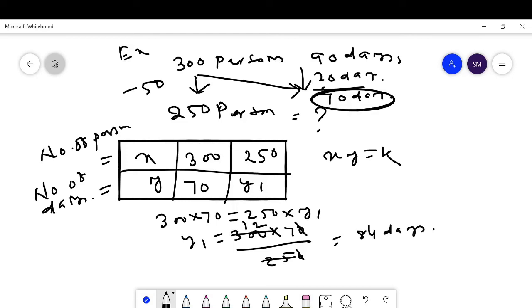The remaining persons, the 250 persons, will consume the remaining food in 84 days. Where the 300 persons will consume the food in 70 days, because for 20 days 300 persons are there. They consume the food. After 20 days 50 persons left. Then the 250 persons will consume the remaining food in 84 days.